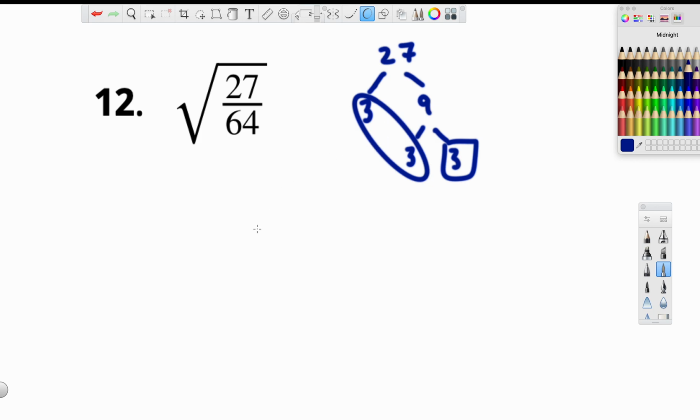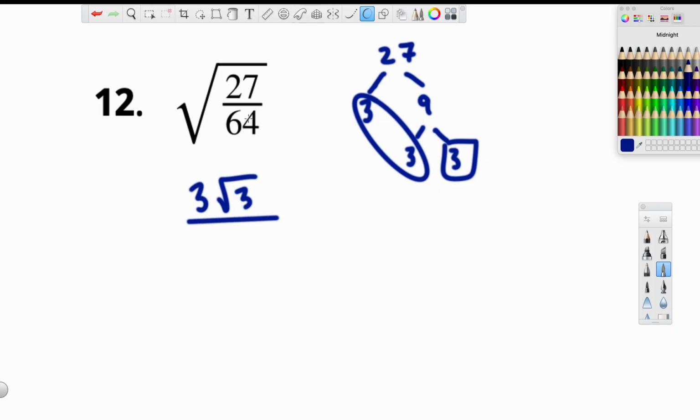So another way, if I had to write this another way, I could say this is 3 squared times 3, right? And when I take the square root of 3 squared, the 3 comes out, right? Because the square root of 9 is 3. So 3 comes out, and this 3 right here still has to stay in.